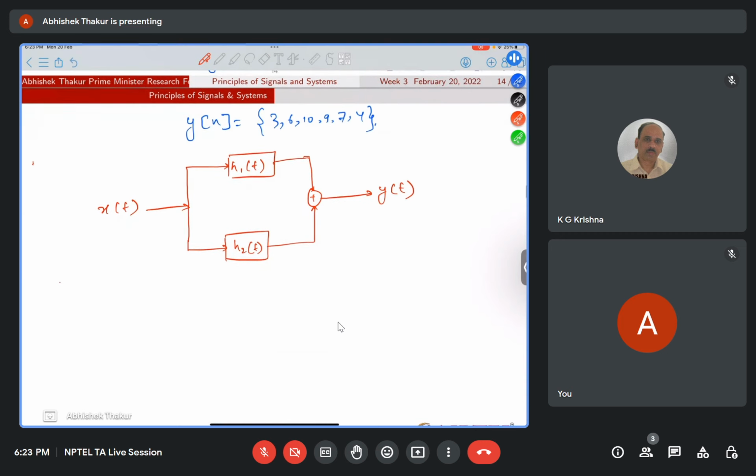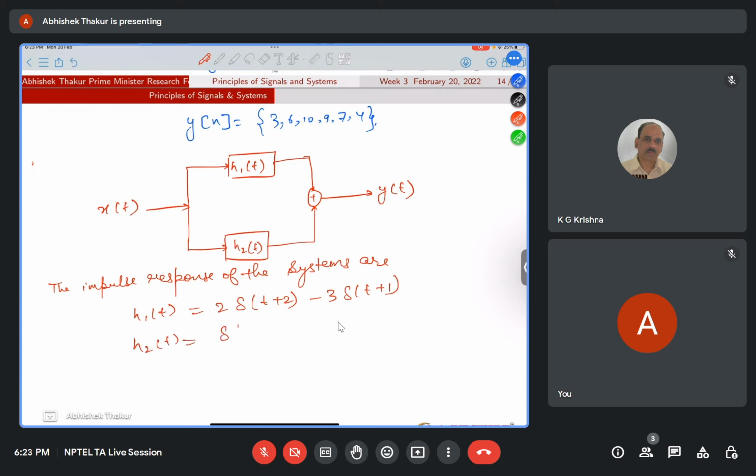In this question it is given that the impulse responses of the systems are h1(t) equal to 2 delta(t+2) minus 3 delta(t+1), and h2(t) equal to delta(t-2).